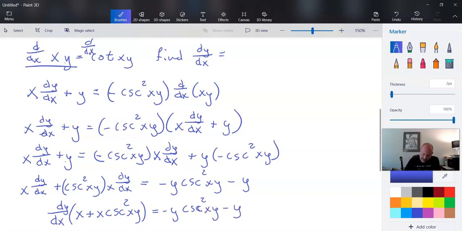Right, and you can see from here, all I have to do is divide this x plus x cosecant squared xy onto the other side.